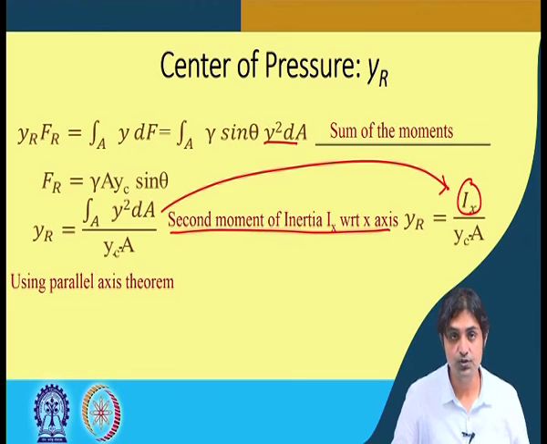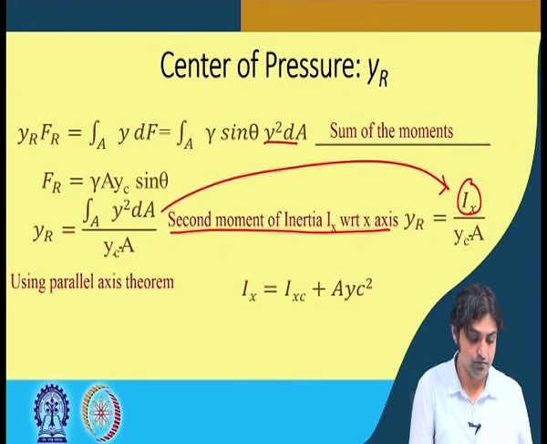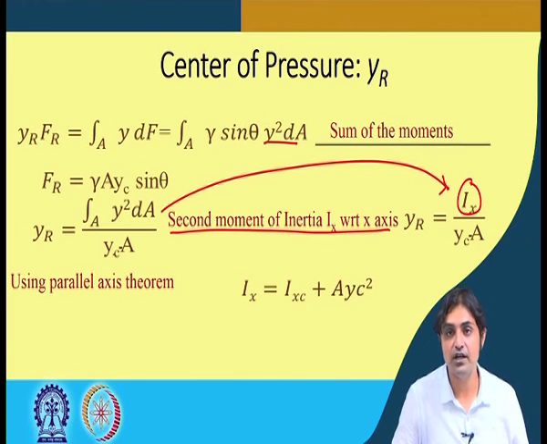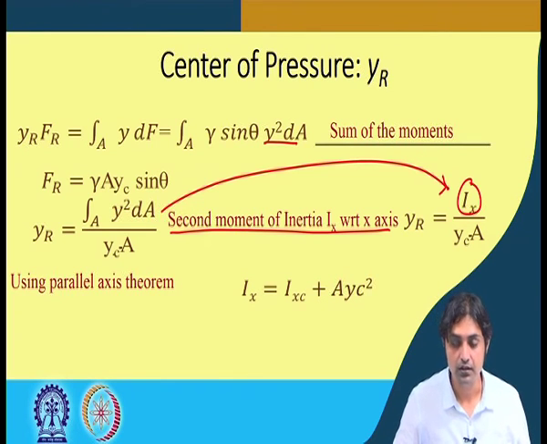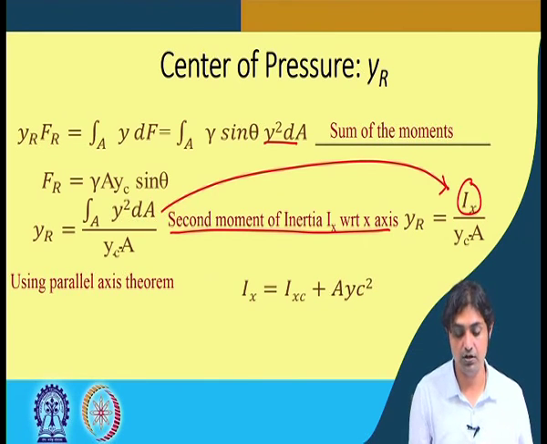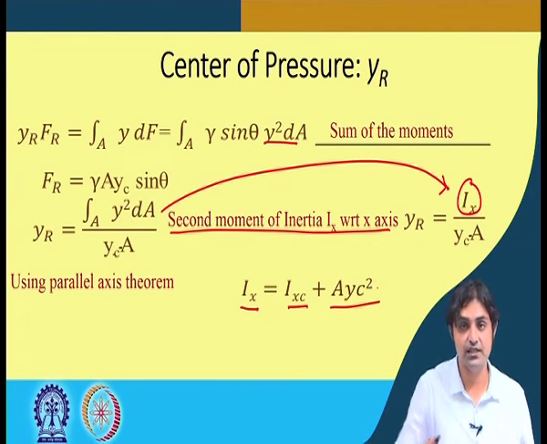Now if we use the parallel axis theorem, because see, this is around an x axis which is not fully independent of the coordinate system, right. But if we have a coordinate system passing through the centroid of the object, then we are able to calculate very easily, it does not matter how we orient our coordinate system. So using the parallel axis theorem, Ix can be written as Ixc plus A yc squared.